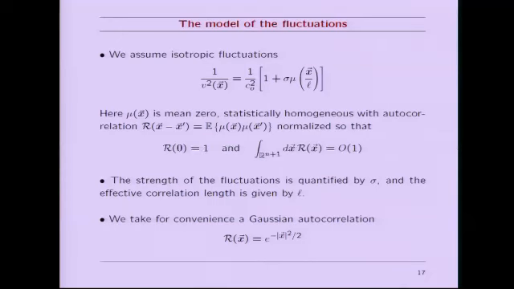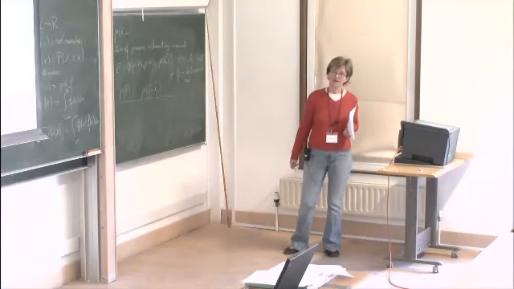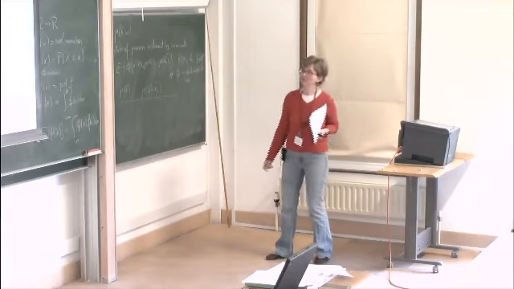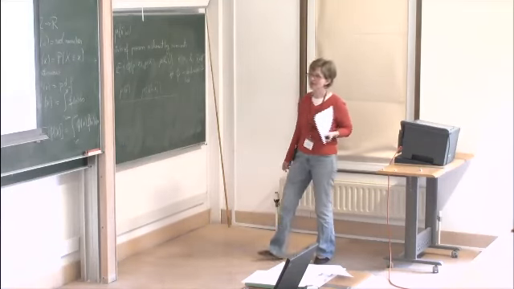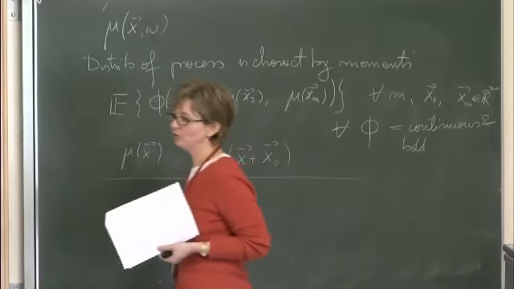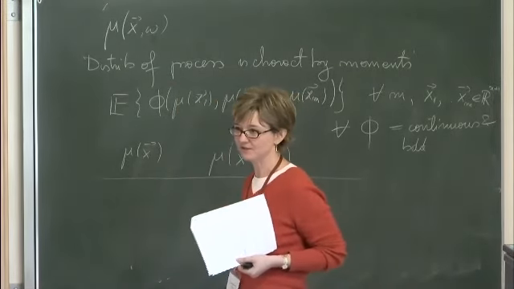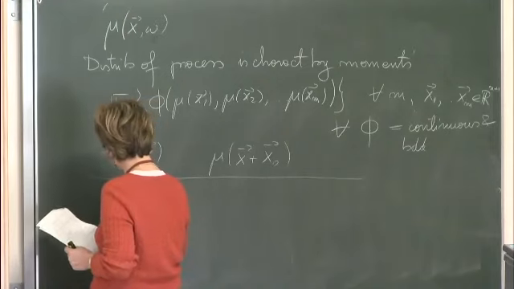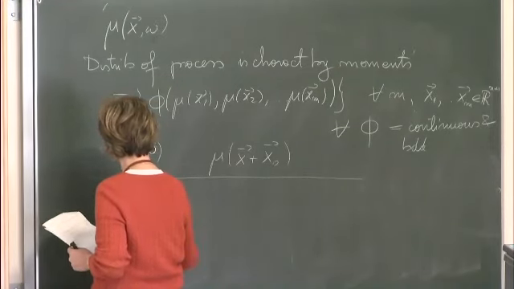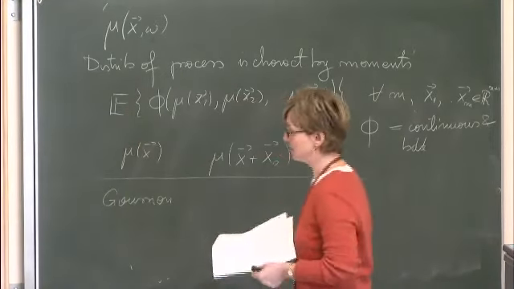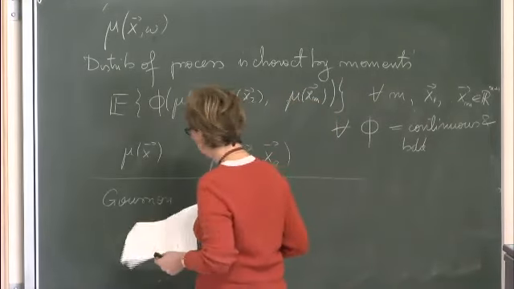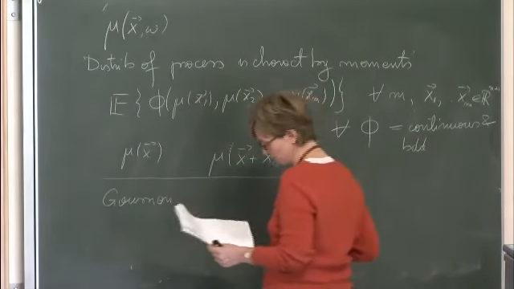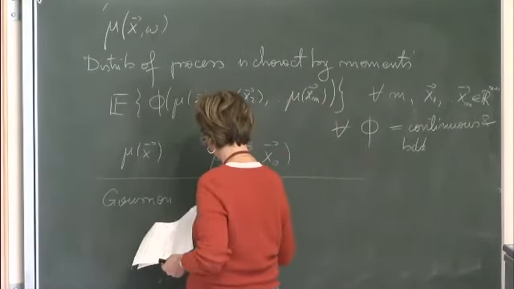And also it will turn out that a lot of the mathematics that we do here will have to do with certain limits, and those limits are going to lead us to Gaussian processes. So what is a Gaussian process? A Gaussian process is a process that is determined by its first two moments. If you know the first two moments of the process, then you know everything about it.